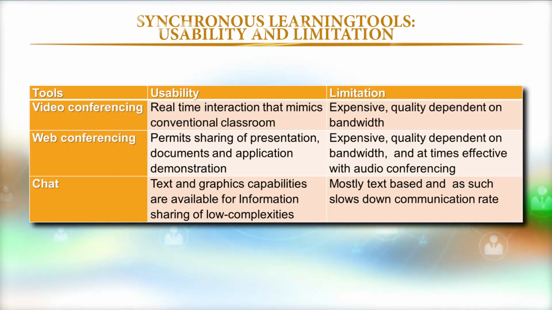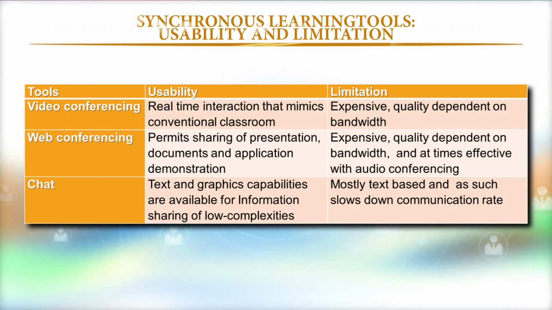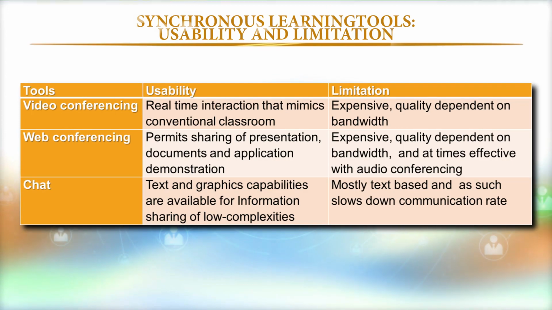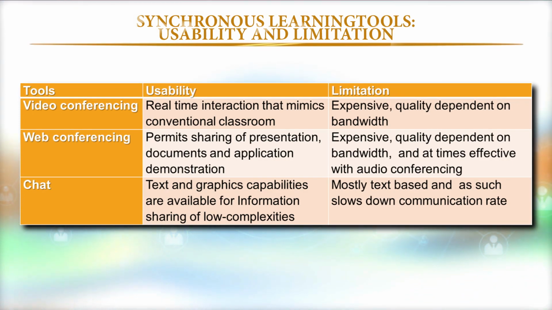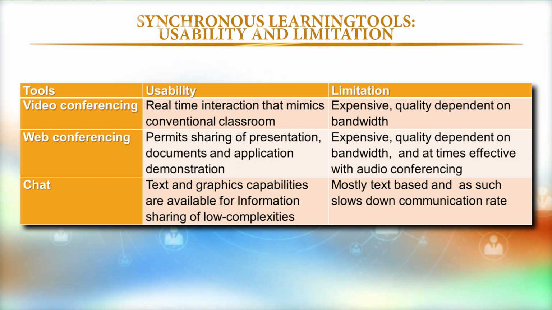And chat facilities are there, which use only text and graphic capacities, available for information sharing with low complexity. If you are using text-based interaction, that is live interaction using text, you only have to share the information.